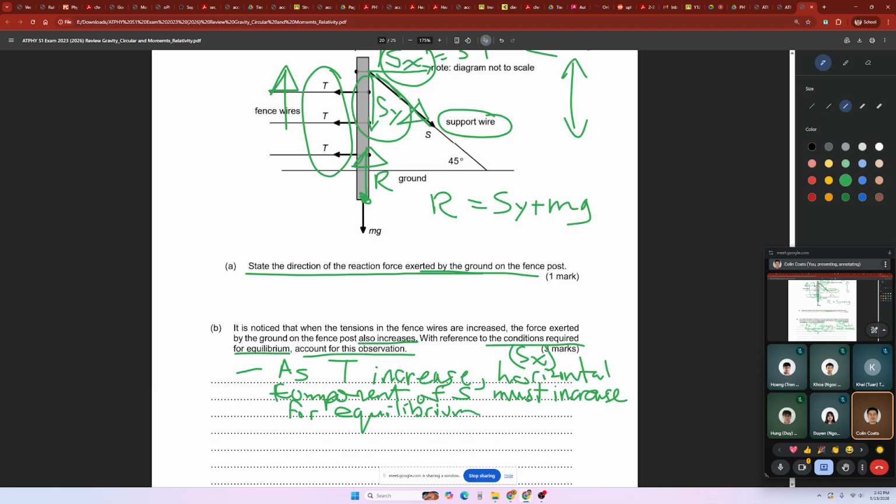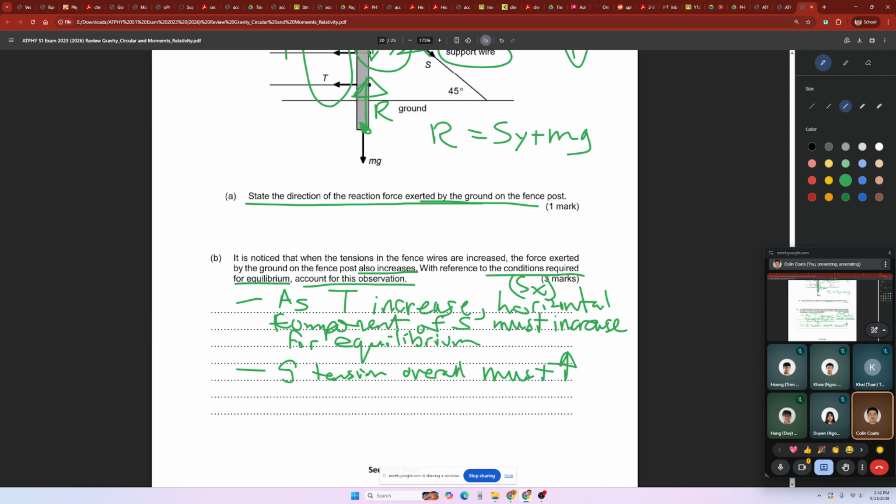Okay, there we go. And now that means S tension overall must increase. Must increase. You should be writing the words, must increase. Which causes the S downwards to increase.